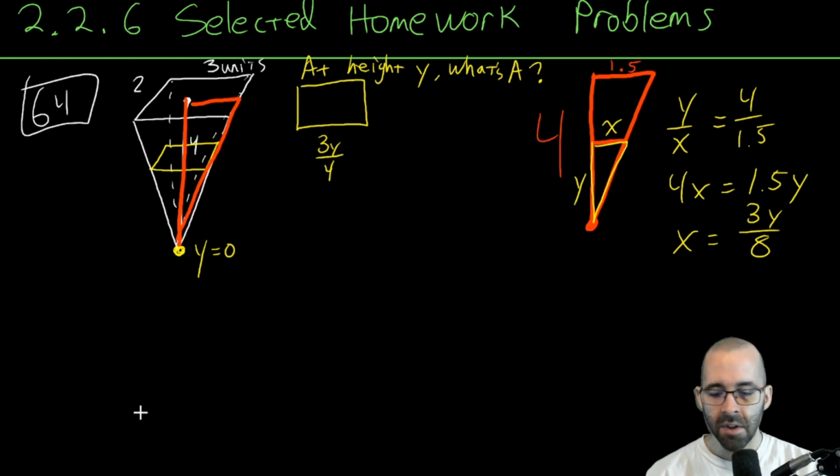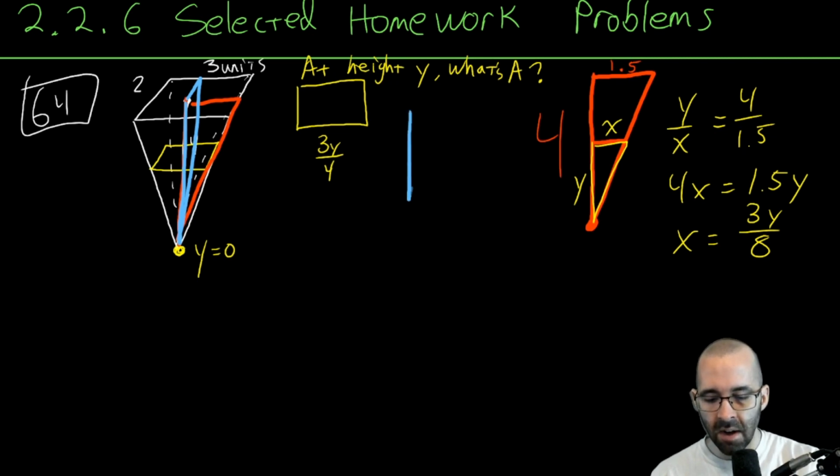And you could make another similar triangle using like this side. It's really hard to draw it. But this side, that sideways triangle. If you did that sideways triangle, you don't have to do this, but you could do the exact same thing with the sideways triangle, where the height is still 4, but now the base is going to be 1.